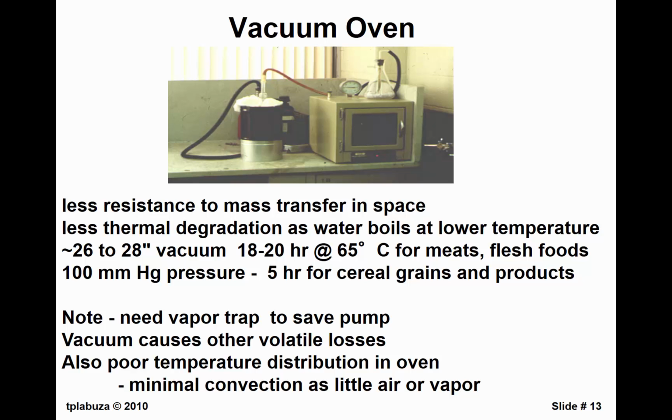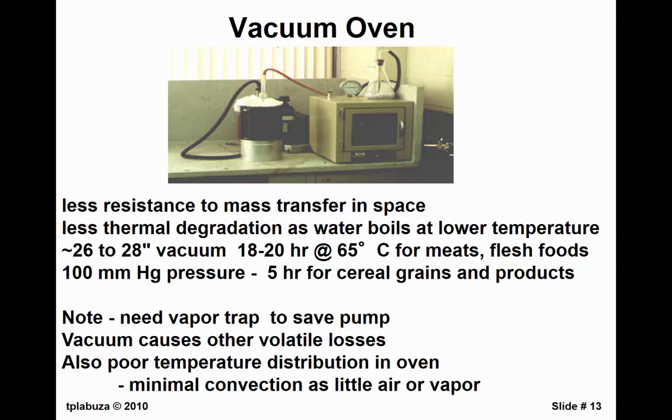By having a vacuum, there's less resistance to mass transfer and less thermal degradation, because now water boils at a lower temperature, so you can remove the water without going to too high a temperature and getting temperature effects on your product.